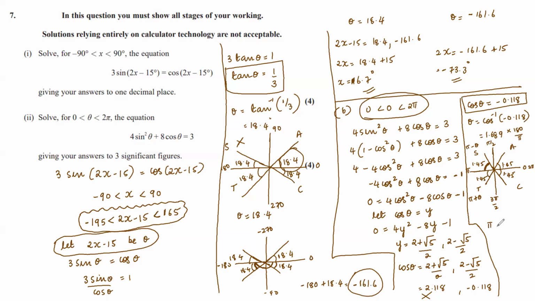Pi minus 1.45 and pi plus 1.45 will give you the answer. So pi minus 1.45 is 1.69, and pi plus 1.45 is 4.59. 4.59 will be the final answer.